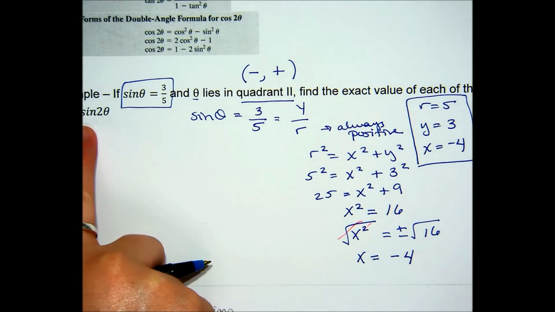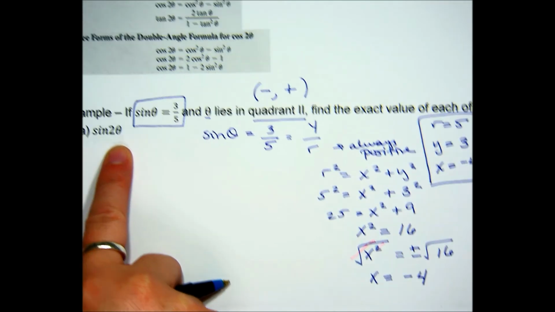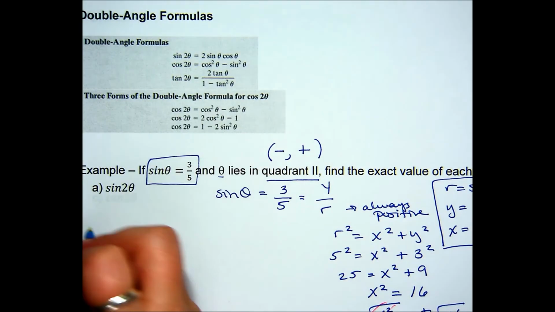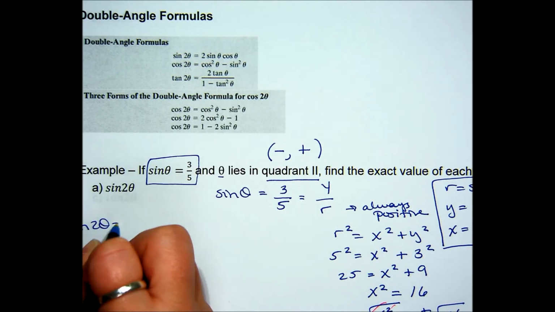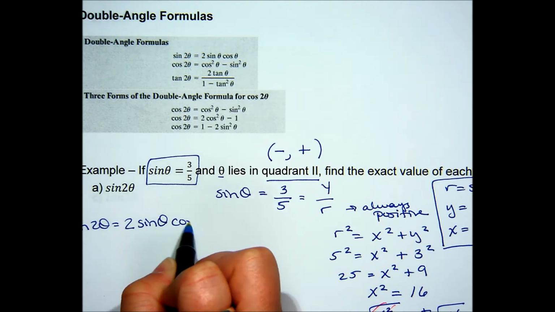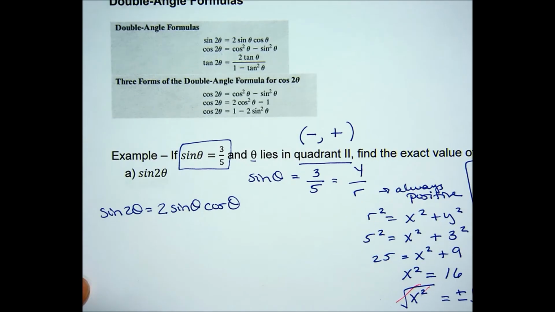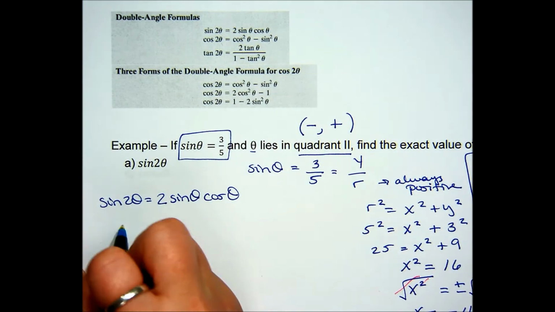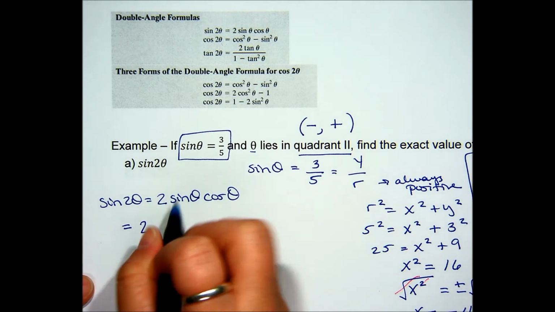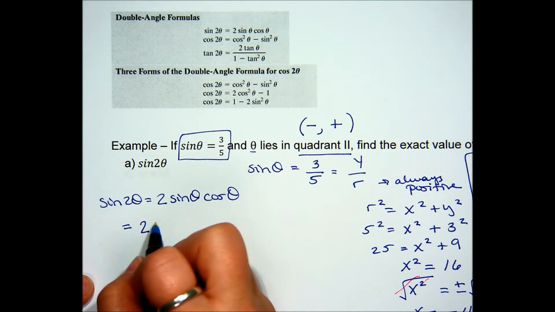What I want to find is sine of 2 theta. Using my equation from above, sine of 2 theta is equal to 2 sine theta cosine theta. Okay? Well, that means it's equal to 2 times sine theta. I was told sine theta is 3/5.